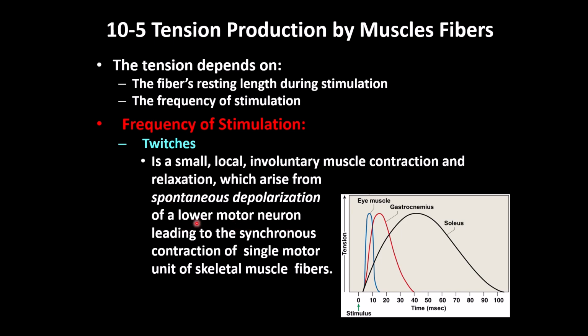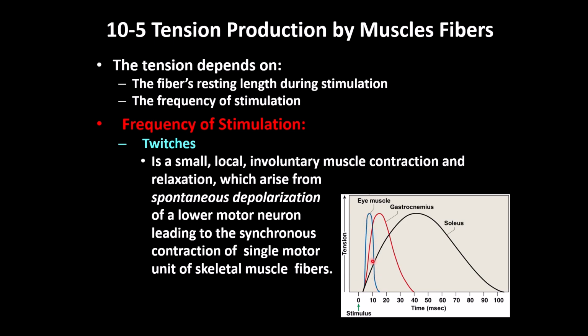Lower motor neuron means a spinal nerve or a cranial nerve, so it's outside of the central nervous system, outside of the spinal cord and the brain. And one motor unit will contract. I will come back to the motor unit, which is a few muscle fibers. They contract and then they relax, depending on the type of the muscle.